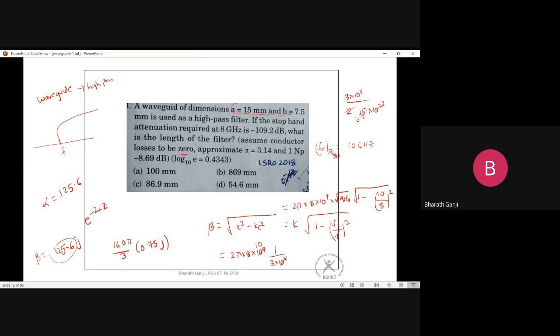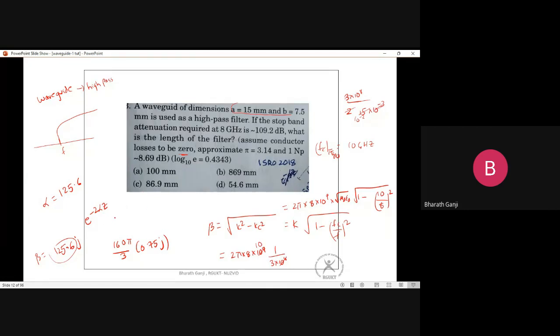Here they say that for a given length in the stop band, if I want an attenuation of minus 102.9 dB, how much length do I have to choose? They are asking what length I should choose to get that much attenuation.